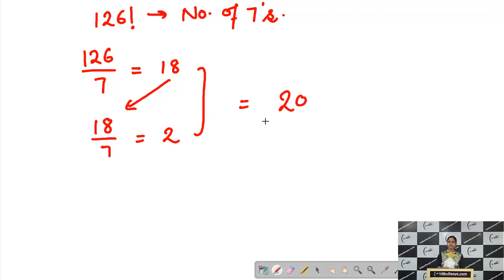That's why we need one more multiple of 7 here. Since 126 itself is a multiple of 7, we will add 7 to this, which comes out to be 133. So 133 factorial will end in 21 zeros when converted to base 21. That is the answer for this question.